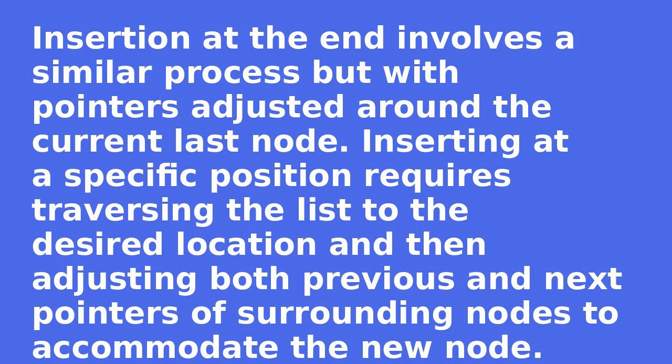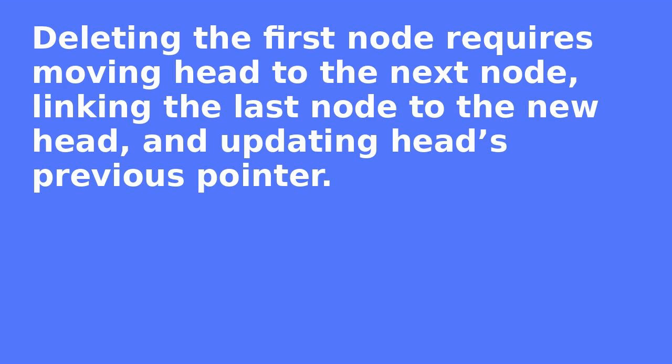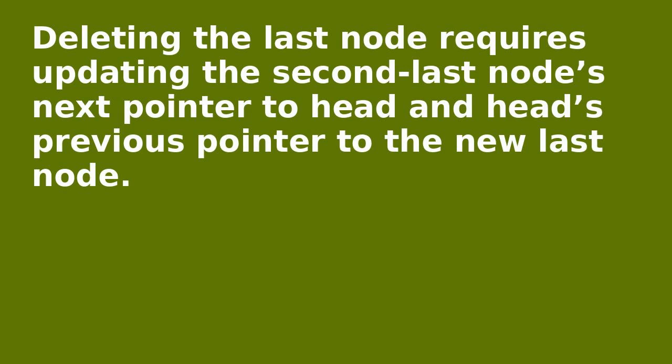Deletion in a DCLL must maintain the circular and bidirectional structure. Deleting the first node requires moving head to the next node, linking the last node to the new head, and updating head's previous pointer. Deleting the last node requires updating the second last node's next pointer to head and head's previous pointer to the new last node.